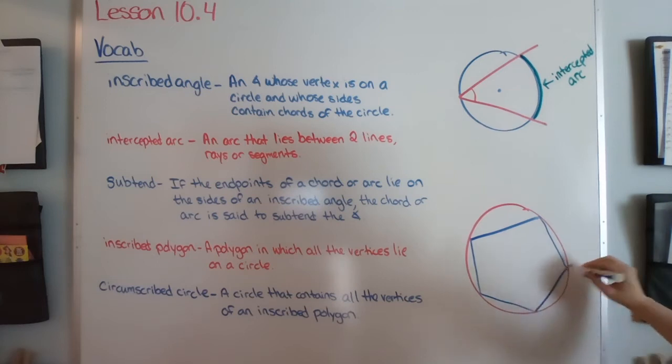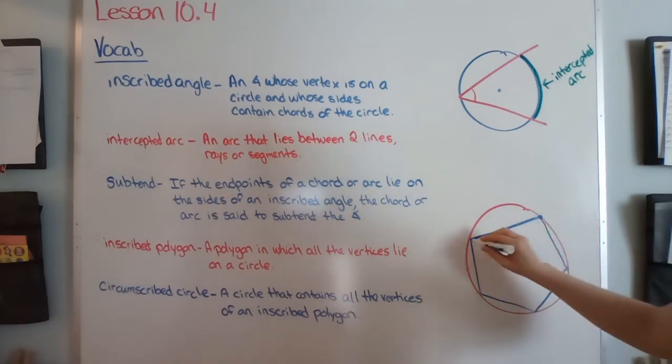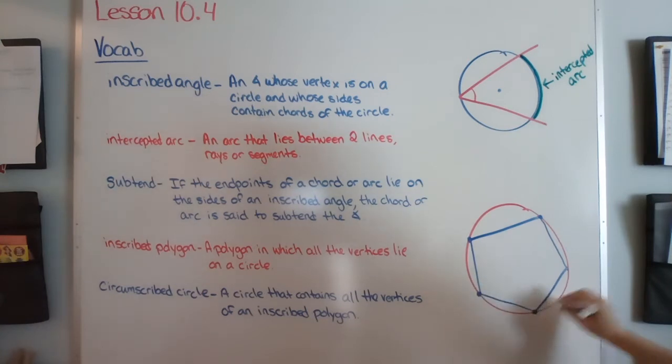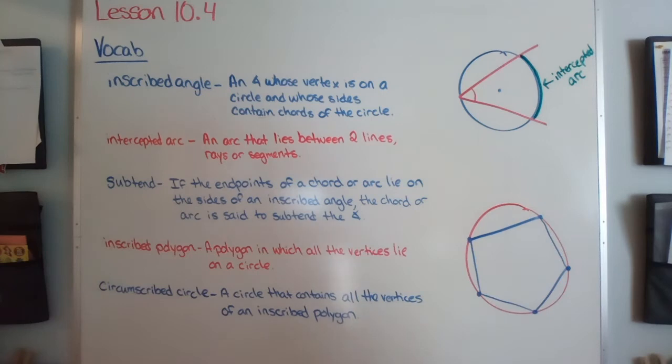So we have a pentagon. Vertex on the circle, on the circle, on the circle, on the circle, and on the circle. So we would say that that is an inscribed pentagon, an inscribed polygon, because it's a polygon whose vertices lie on the circle.